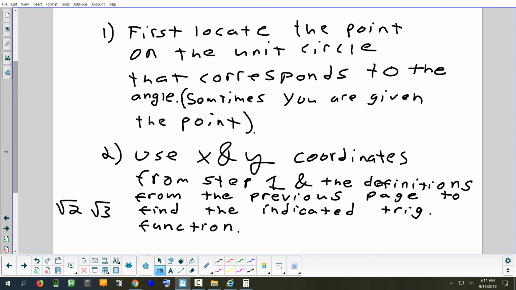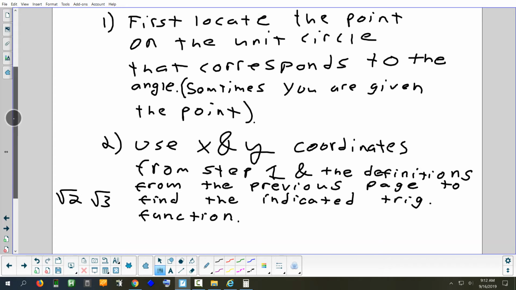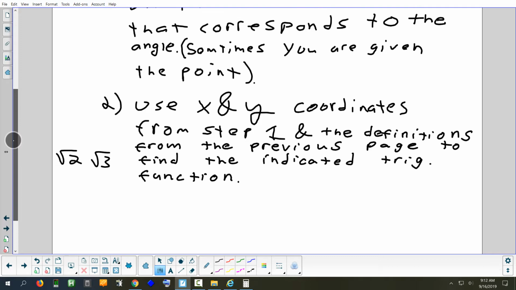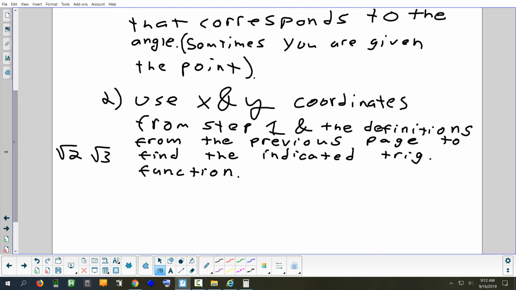Step 2, plug it into the formulas that I just gave you. Let's try some examples.